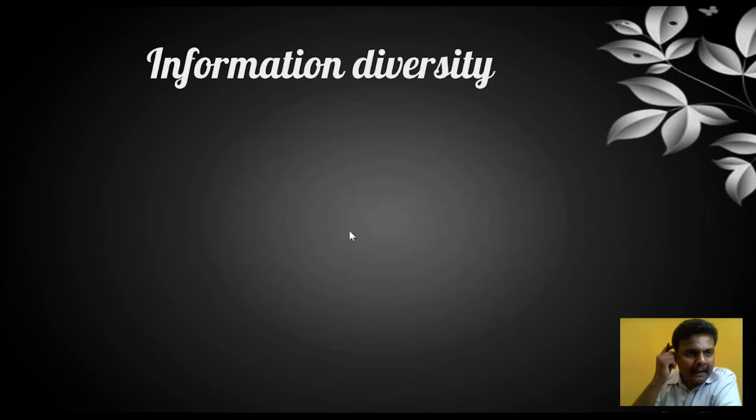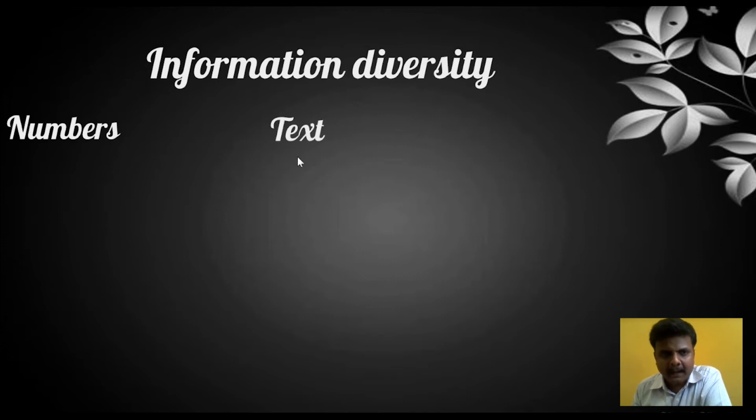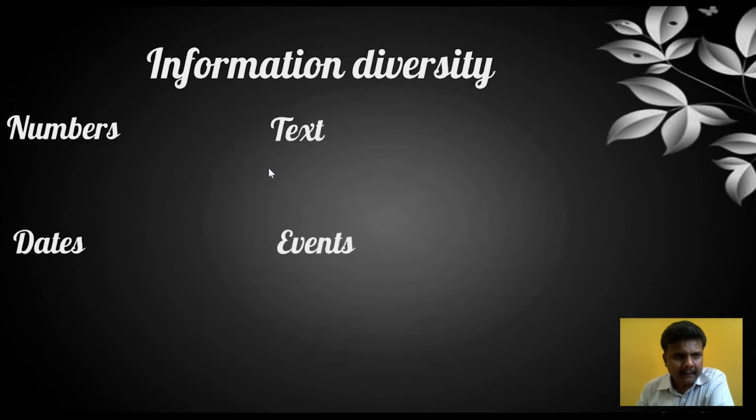Now, if I have to remember information, what are the different ways in which information is present? And I am personally aiming at around 7 to 10 techniques today, depending on the time. Information is present in the form of numbers, text. When you are speaking about a formula, it is a combination of number and text.